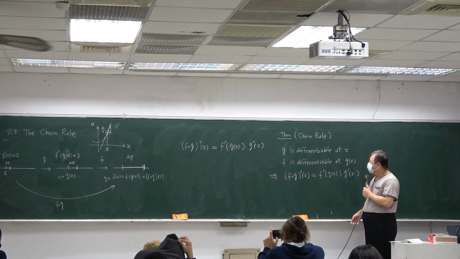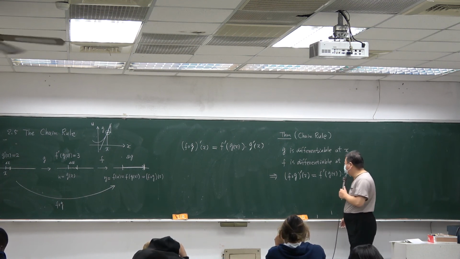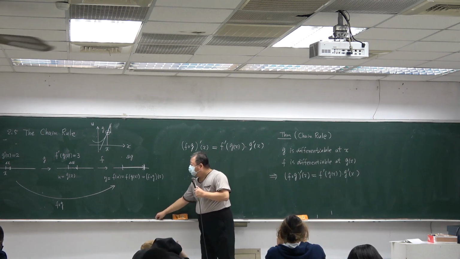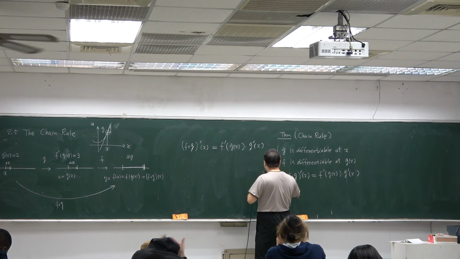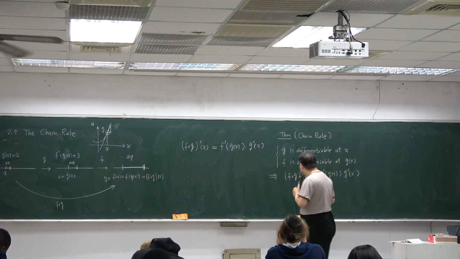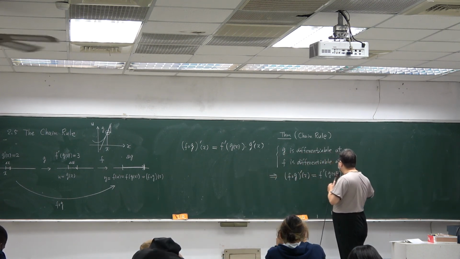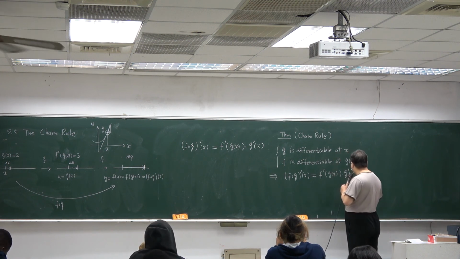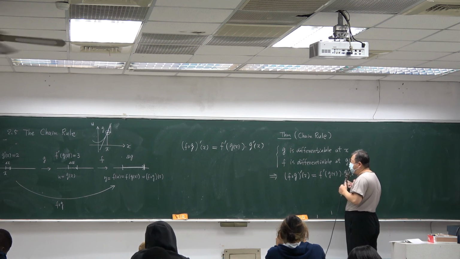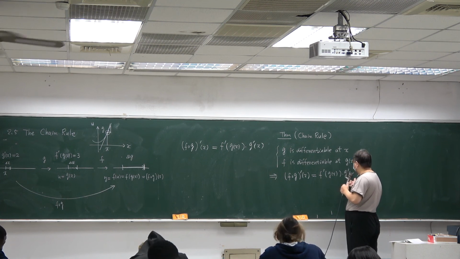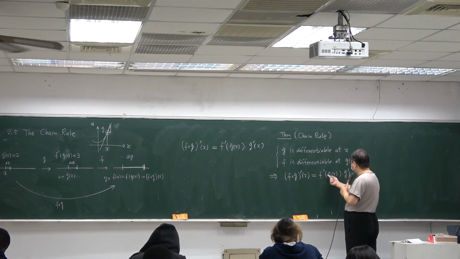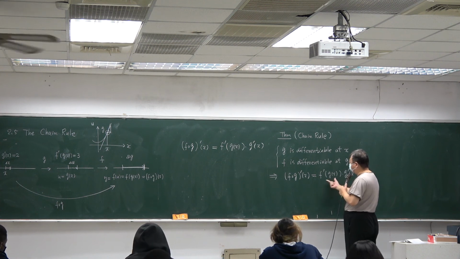Chain rule. How to apply this theorem? Don't think too much. Though we have a prime here, in fact, when x is given, this is a number, which stands for the rate of change, 2 times. And when x is given, g of x is also a number, this is a rate of change.